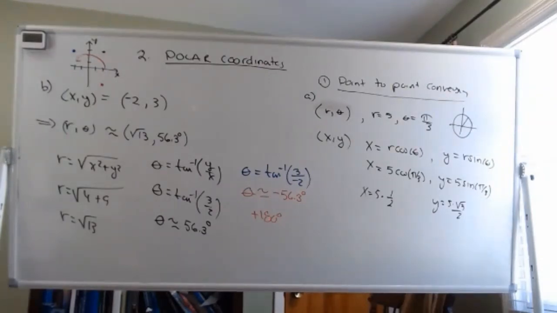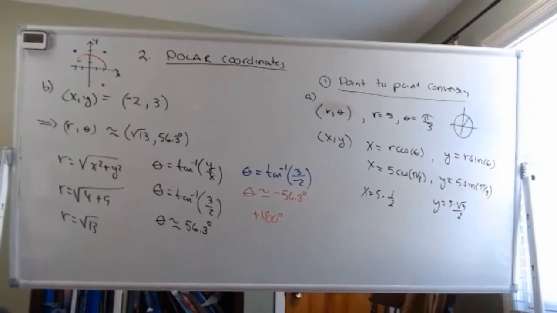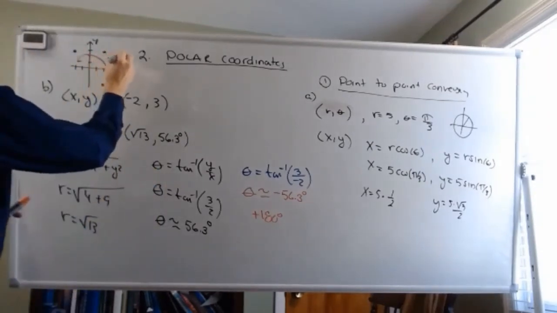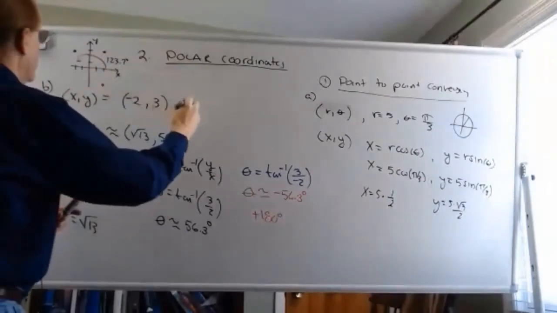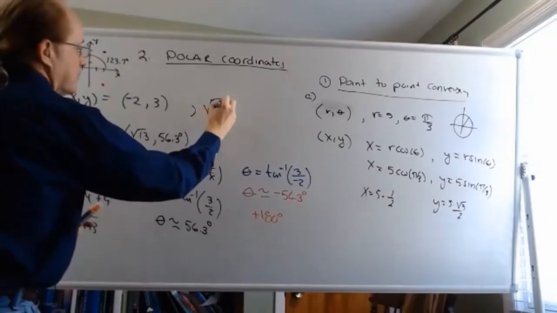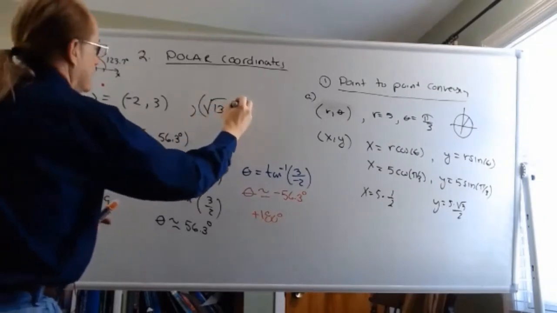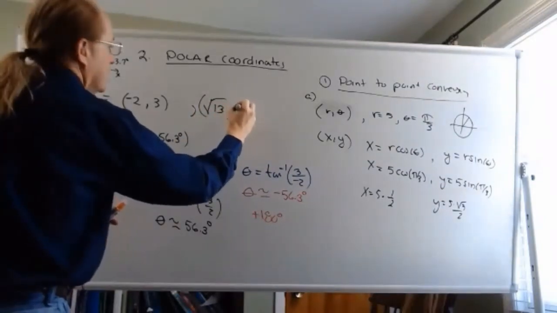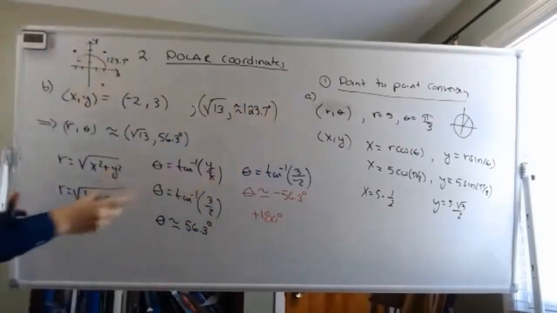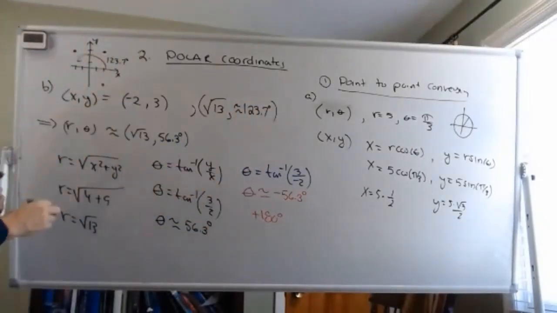And that'll give me 123.7 degrees. So that's the angle I want over here, 123.7 degrees. So for that, it would be approximately equal to square root of 13, same r, but now theta is approximately 123.7 degrees. So you can kind of see what you have to do to get that.